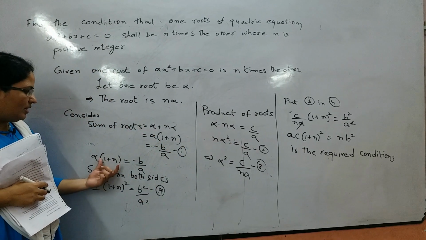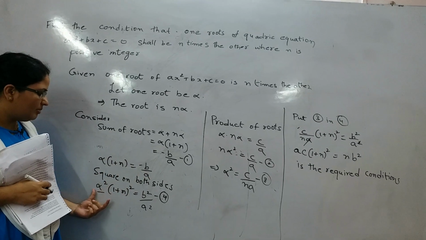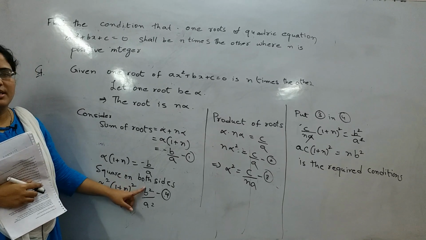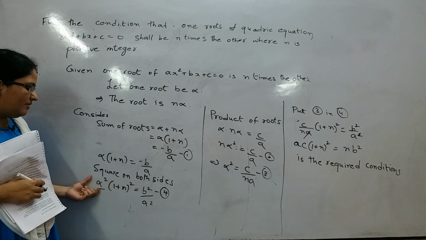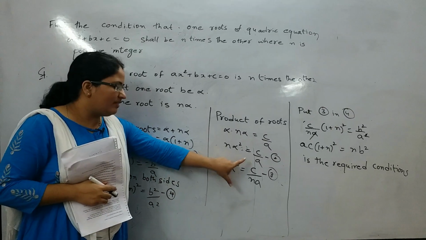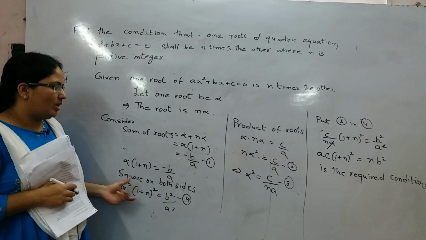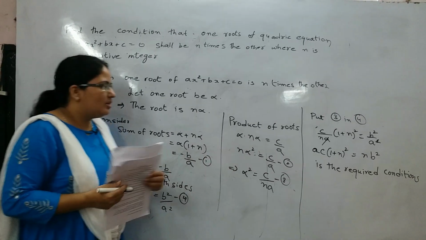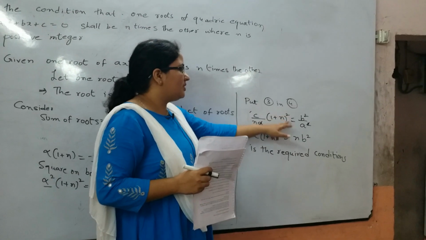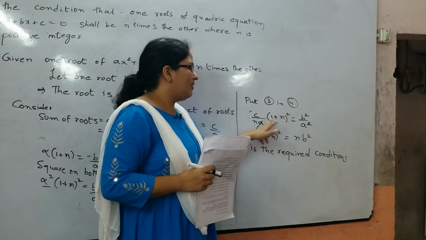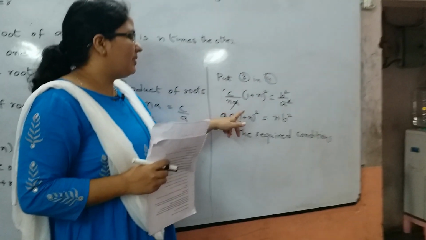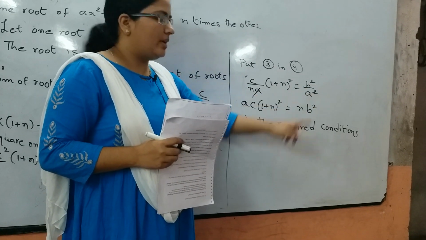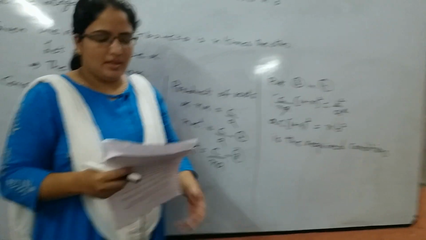Here what we are doing is we are squaring on both sides. If you square on both sides you get alpha square into (1 plus n) whole square is equal to b square by a square. Now we are substituting alpha square value in equation 4. Whatever is there in 3 you are substituting in 4. So what do you get? You get c by na into (1 plus n) whole square is equal to b square by a square. a gets cancelled here, cross multiply. Finally you get ac into (1 plus n) whole square is equal to n b square. That is the required condition.